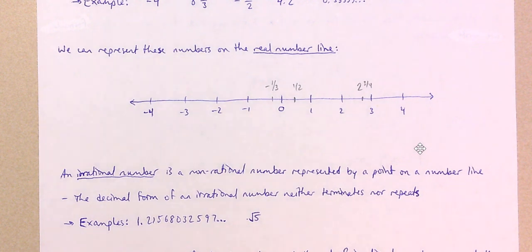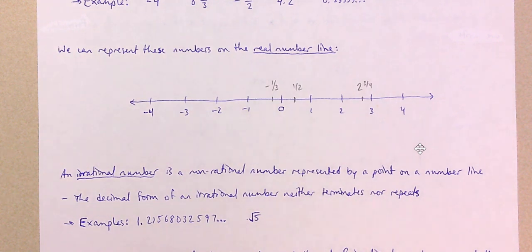Okay, well, that's a weird definition because it doesn't really add much clarity as to how do we figure out what numbers are not rational. Here's how you figure out. The decimal form of an irrational neither terminates, so it doesn't end, it's a decimal that keeps on going, nor does it repeat. That is to say, there's no repeating pattern that the numbers after the decimal point go.